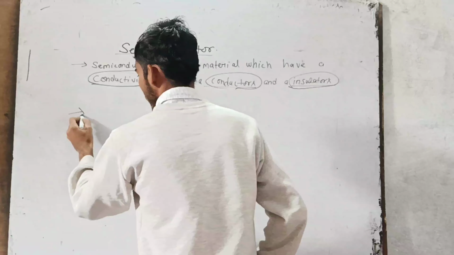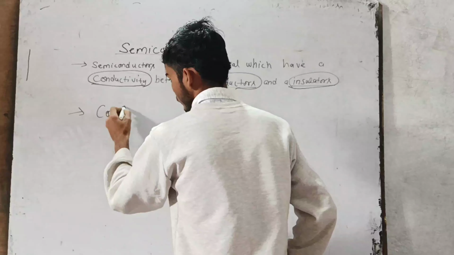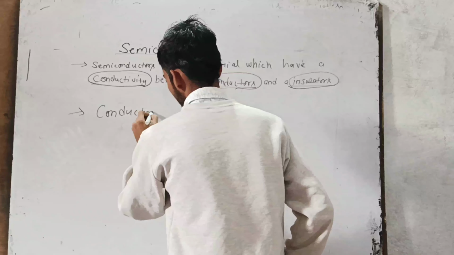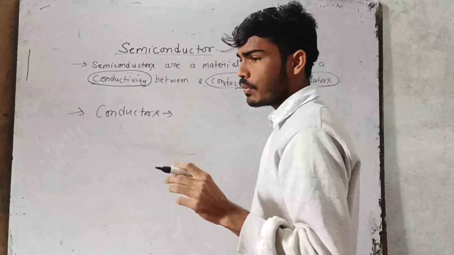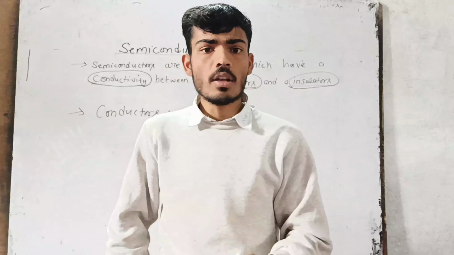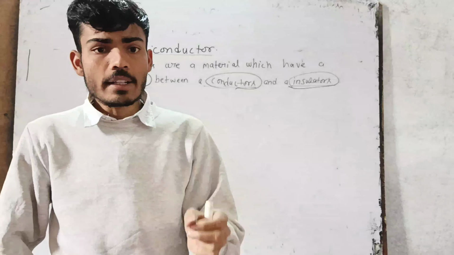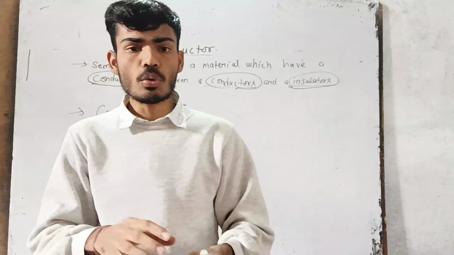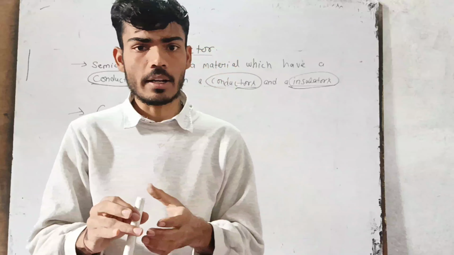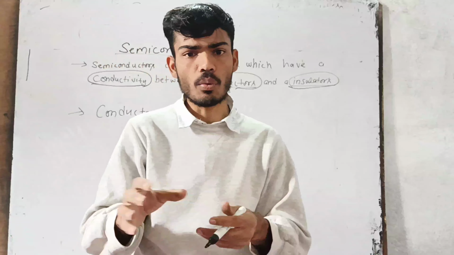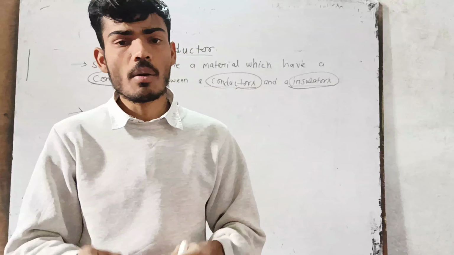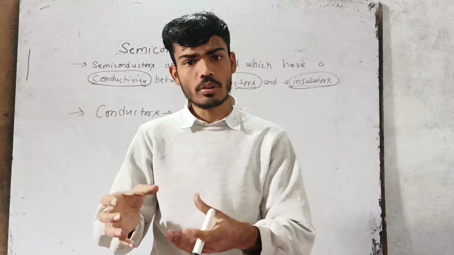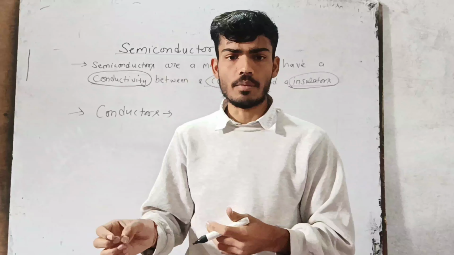So let's understand conductors. Conductors are basically those materials in which current can easily pass. Matlab, those materials which allow the current. Whenever we pass some voltage, these materials pass the current very fast.